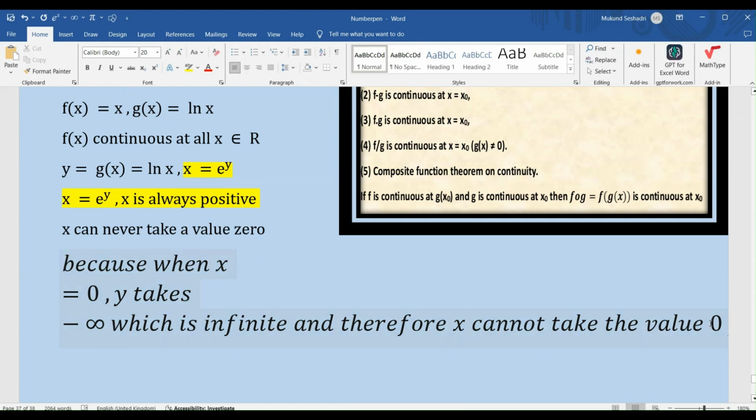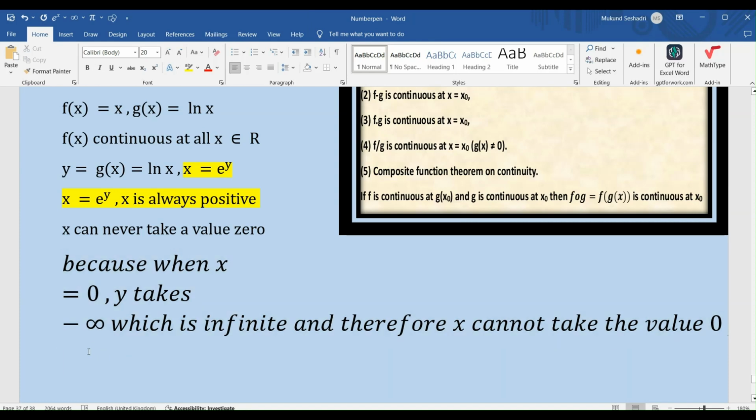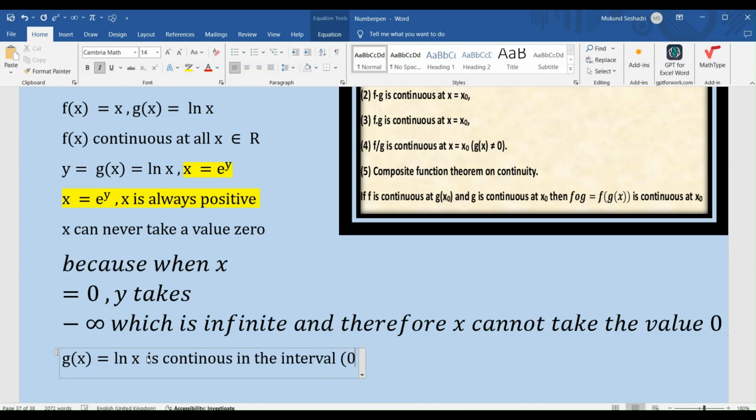So let me retain this. And what do we have? Therefore, for g of x, we saw that g of x is continuous in the interval 0, and I'm doing an open bracket because it does not include 0, right?